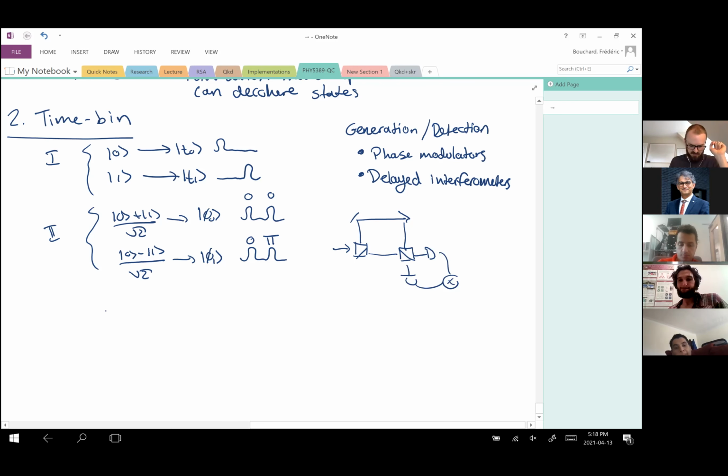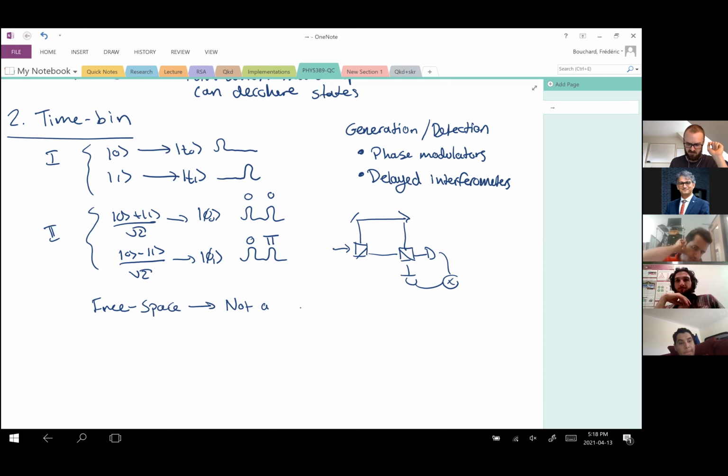In free space, it's not affected by turbulence, because you encode your photons on a time scale that's much faster than turbulence. By the way, turbulence is more on the millisecond, microsecond scale.